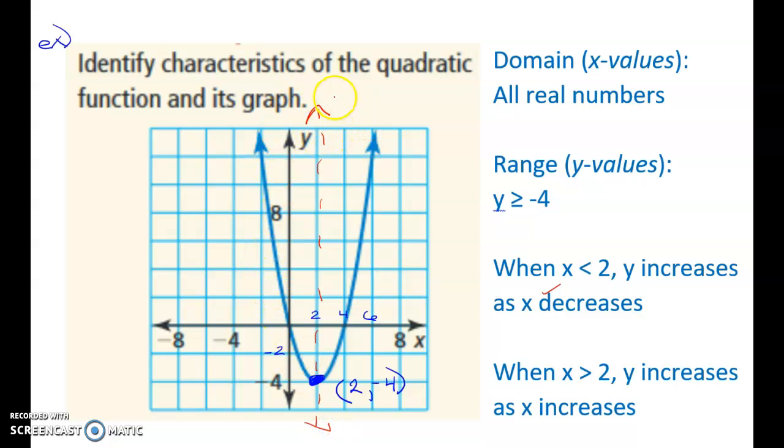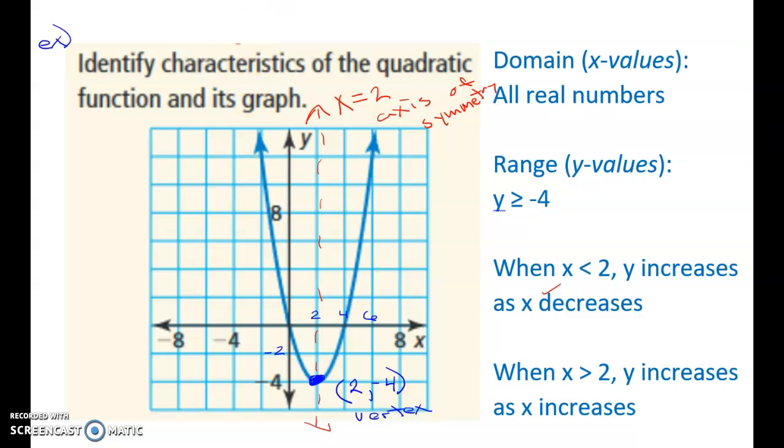Okay, but that is your axis of symmetry, and it would be x is equal to 2. So that's my axis of symmetry. And then down below, that was my vertex. I'm going to go ahead and label that. Okay, so that's my vertex.